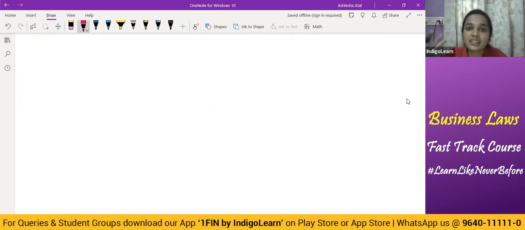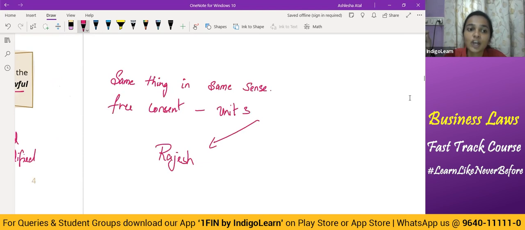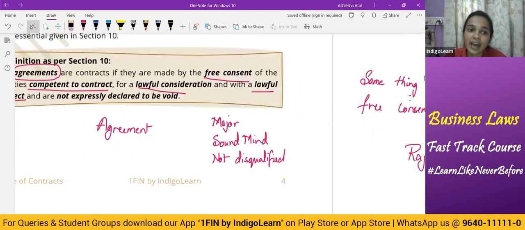So here the consideration will not be a lawful consideration. Or say someone enters into a contract to kill someone, so here the object with which the contract has been entered into is not a lawful object. But for a contract to be valid, both the consideration as well as the object should be lawful.